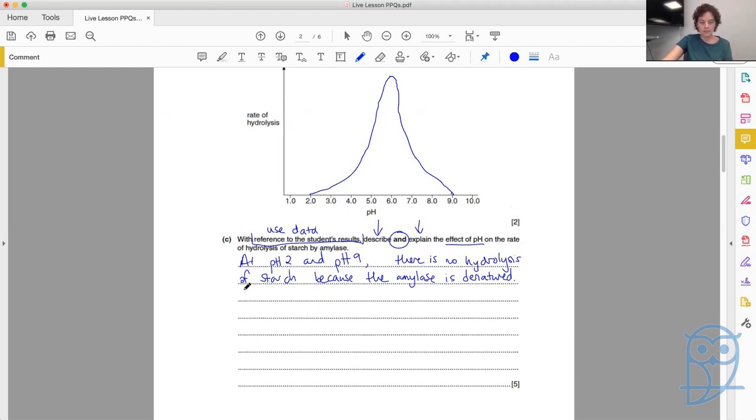So, hydrogen ion concentration leads to loss of, oh, sorry, that's not right.